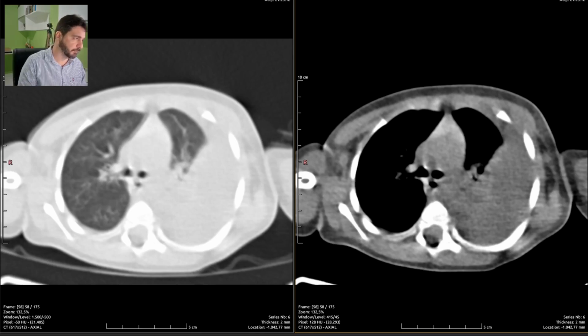So, huge pleural effusion on the left, left pulmonary collapse.